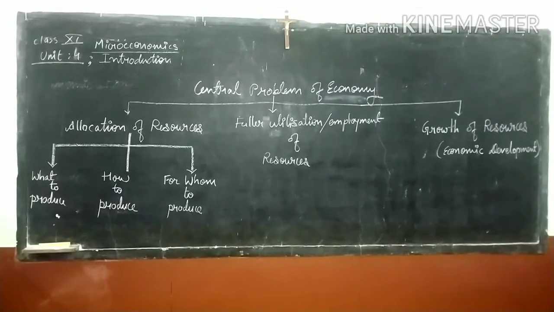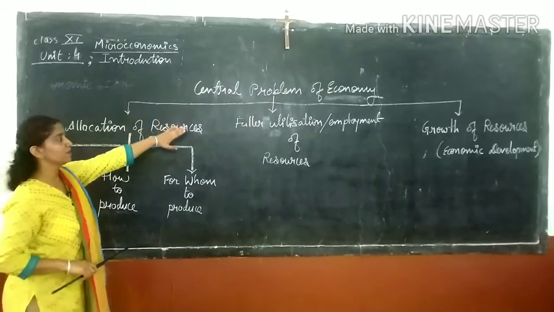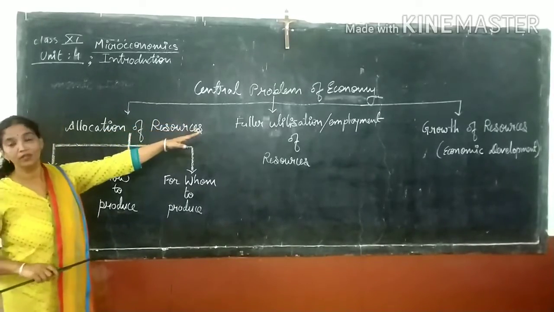We have to use resources in such a manner so that with the help of limited resources we can maximally fulfill our needs or our wants. So here central problems or basic problems are shown.